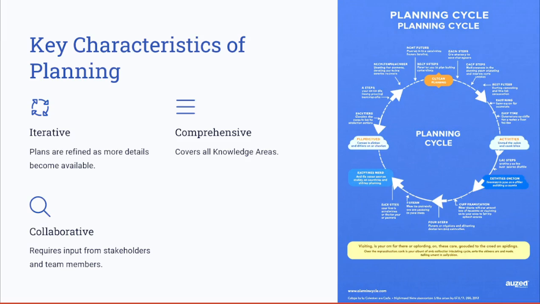It's also comprehensive because it covers all of the knowledge areas, ensuring that no aspect of the project is overlooked. Finally, collaboration is critical. Inputs from the various stakeholders, including the project team, sponsors, and subject matter experts, are essential to develop plans that are realistic, achievable, and aligned with the organization's goals. This collaboration not only enhances the plan quality but also fosters ownership and accountability among the different stakeholders.